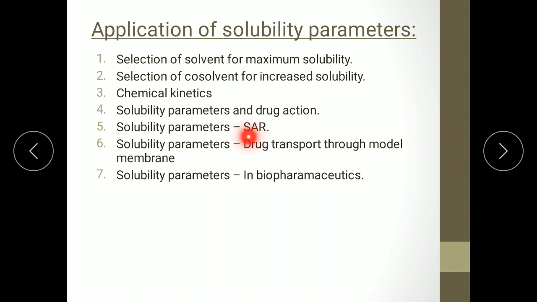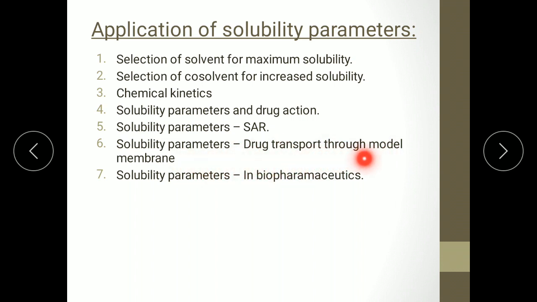Now modified structures have higher solubility than that of the parent molecule, which leads to an increase in the concentration of drug at the site of action, and ultimately it leads to more drug action.